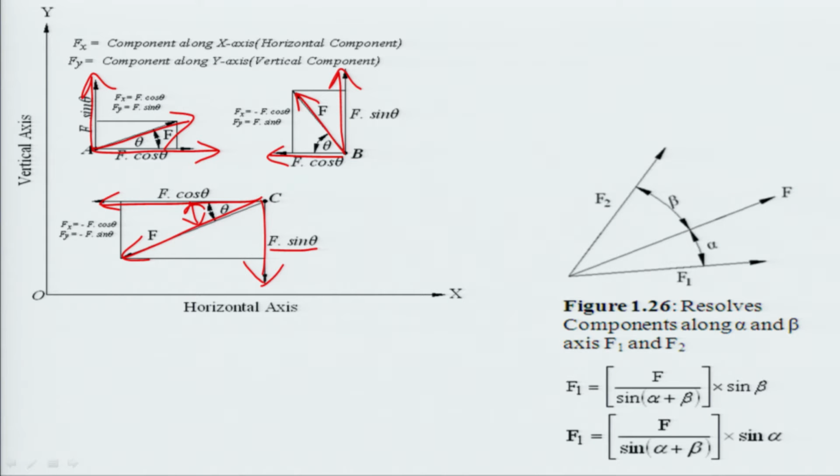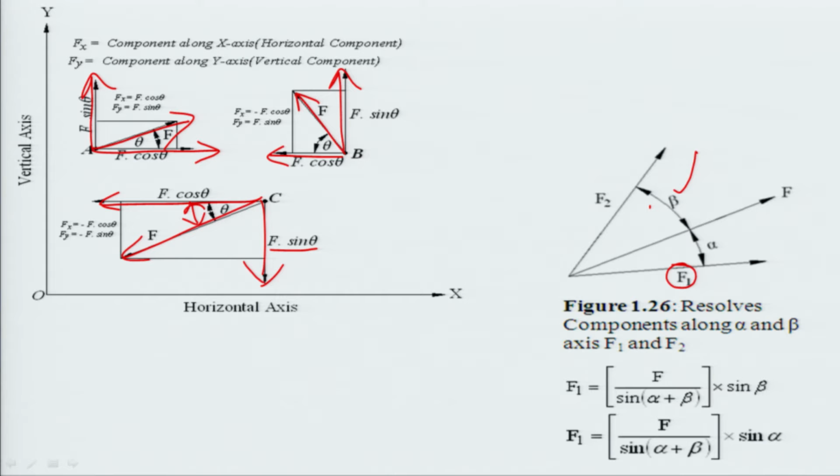If the components are not required at right angles, but at some certain angles alpha and beta like here, then the value of F1 will be F divided by sin of alpha plus beta, into sin beta.